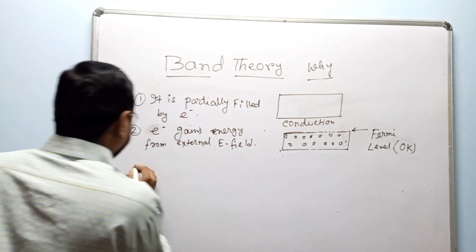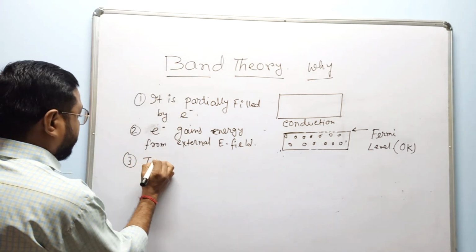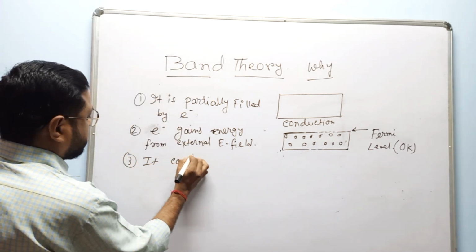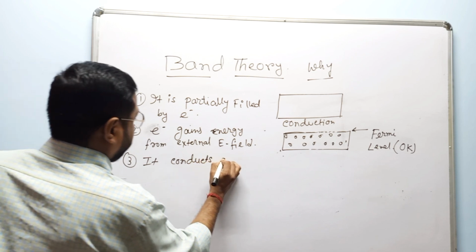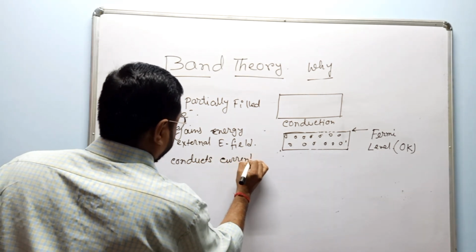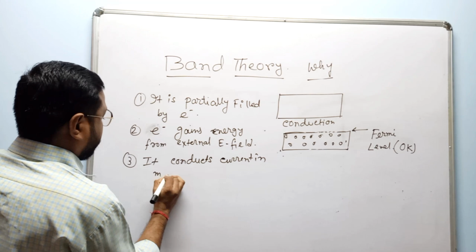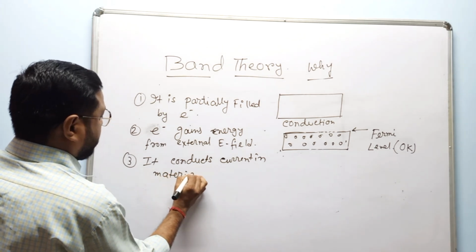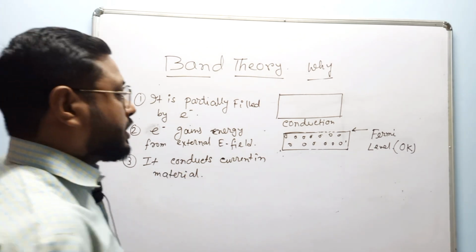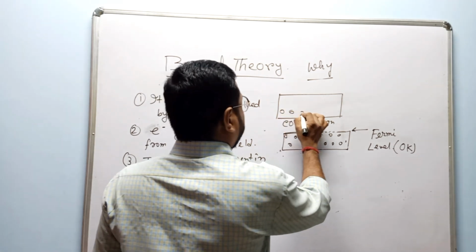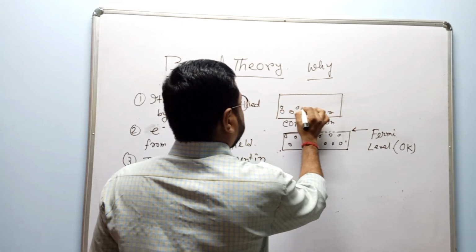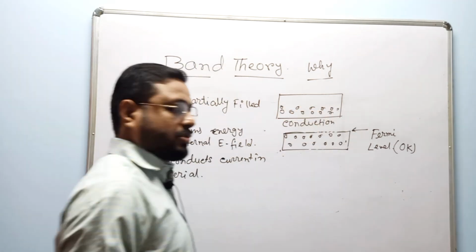Number 3, it conducts current in material. So the conduction band is either completely empty or partially filled by electrons.